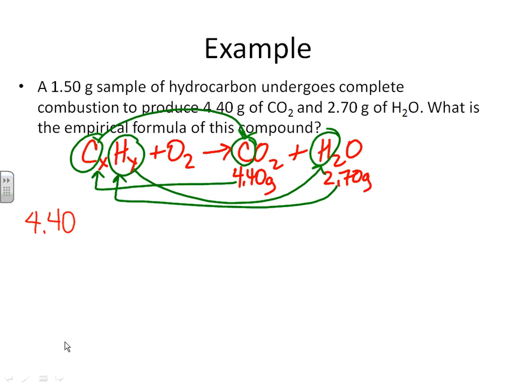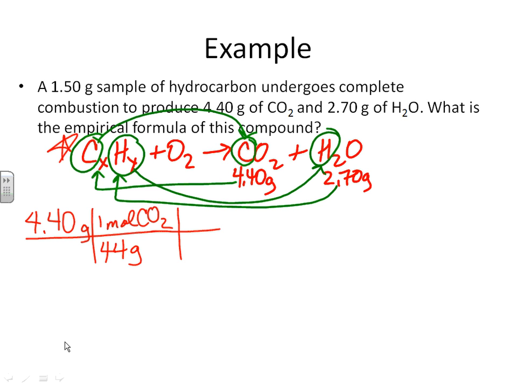So, getting started, automatic knee-jerk reaction in AP chemistry: you see grams of something, you turn it into moles of that thing. So the carbon dioxide, 4.4 grams. The gram formula mass of carbon dioxide is 44. But we don't want moles of CO2, we actually want just moles of C. Again, we need the lowest mole ratio in this unknown hydrocarbon.